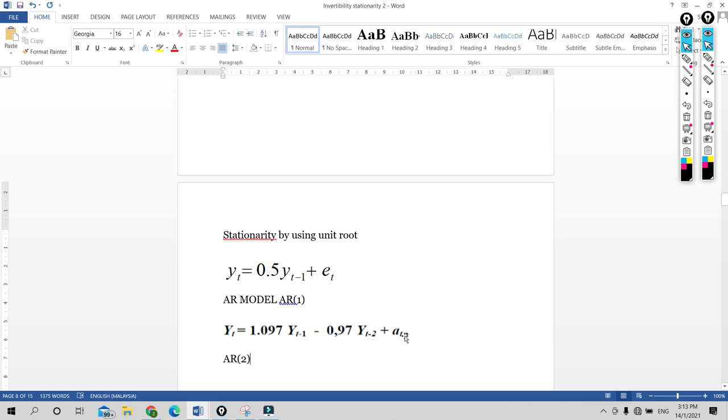Sometimes they put a_t, sometimes we write epsilon_t, which refers to an error. The top one is AR1 and this one is AR2.